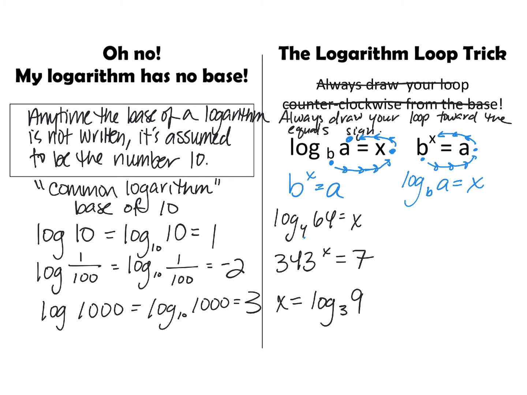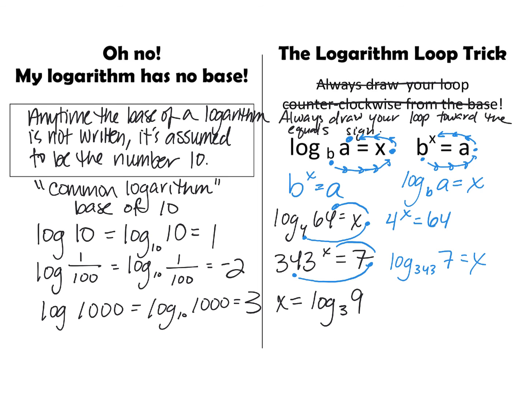We're going to start at the base, write that number down, move toward the equals, make a pit stop at the x, loop up and around, and finish at the 64. Now let's convert this exponential into a log. We're going to start with the base, move toward the equals, make a pit stop at the 7, go above the equals, and finish at the x.